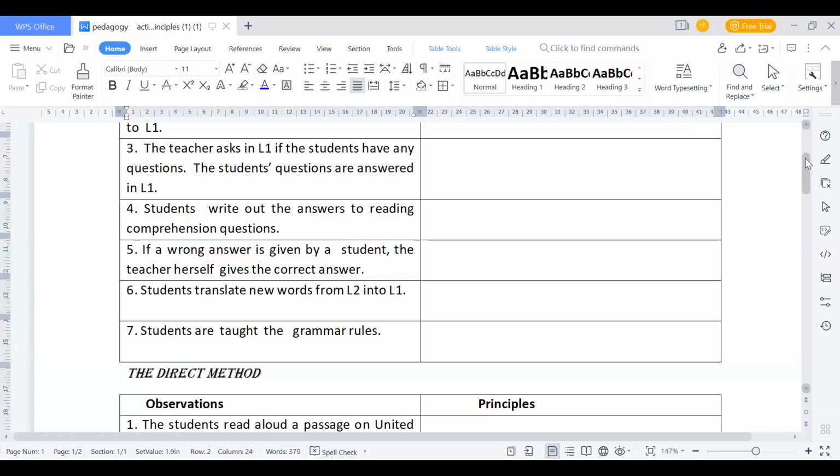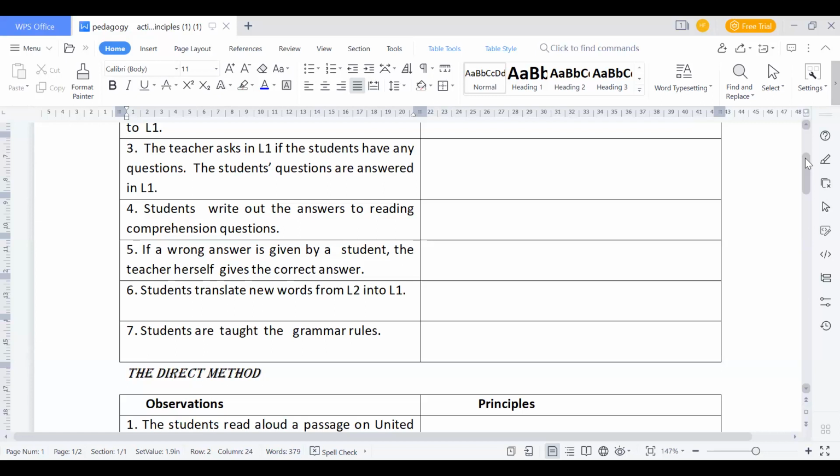Very good. So number 6, quickly. Students translate new words from L2 into L1. Their skills are focused on reading and writing, and also the grammar and the vocabulary. So in teaching a second language, vocabulary is taught through translated words, especially through glossaries.